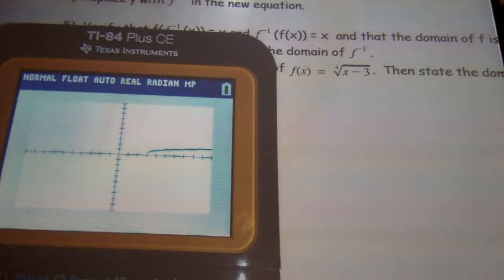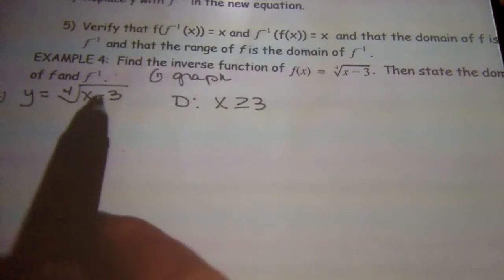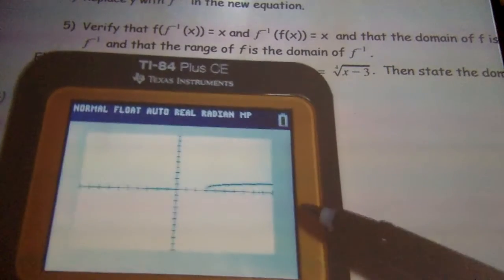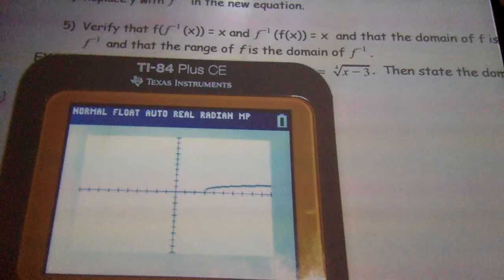So what's its domain? X is greater than or equal to 3. Because you know, underneath here it can't be negative. Looking at the graph, the range is y is greater than or equal to 0.